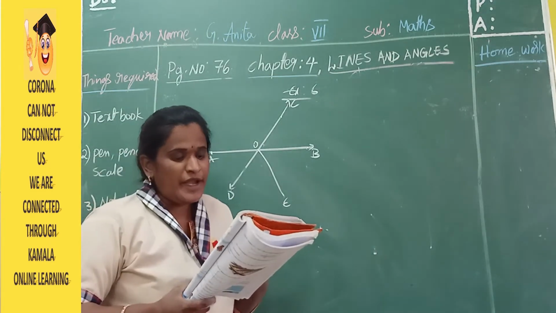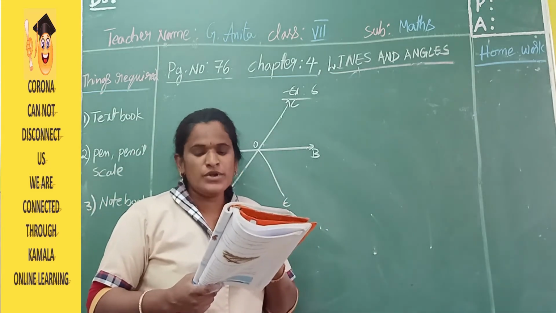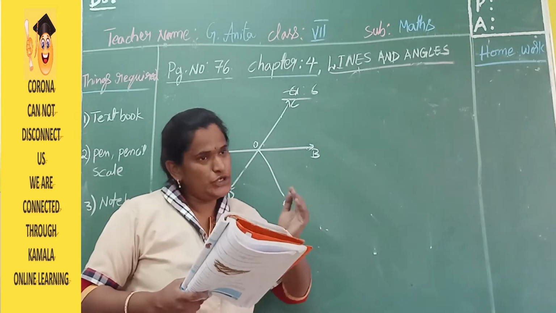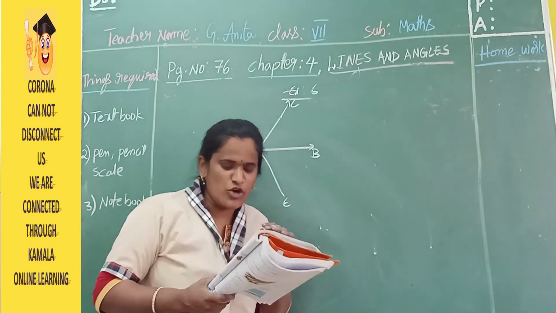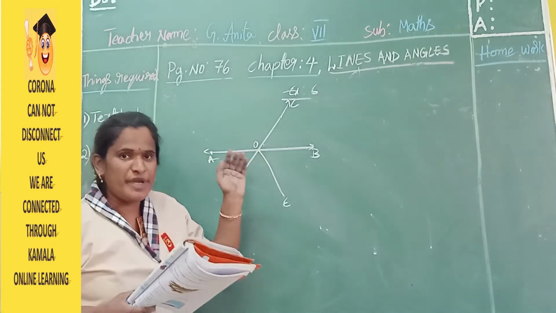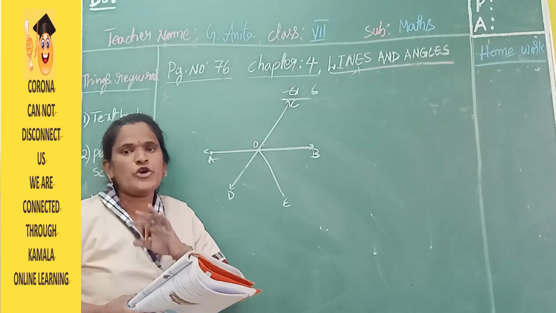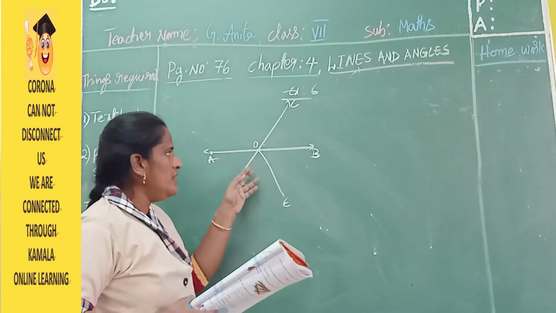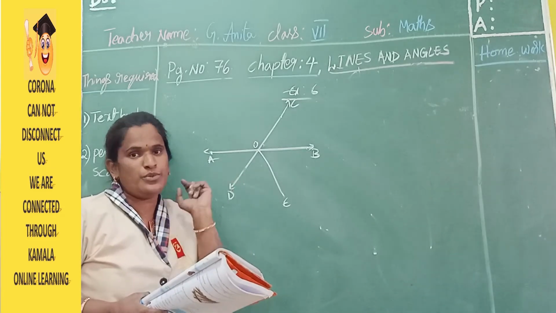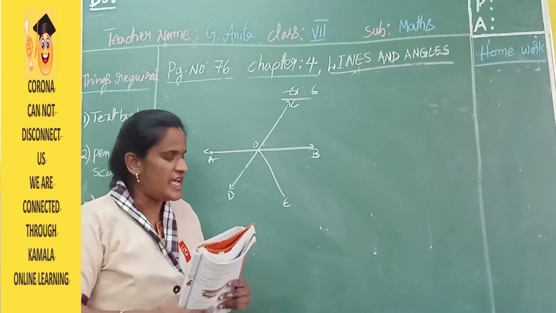Listen properly. Name two pairs of... what is the meaning of pair? Pair means two. So they are asking for two pairs of vertically opposite angles in the figure. In this figure, you have to mention which are vertically opposite angles.